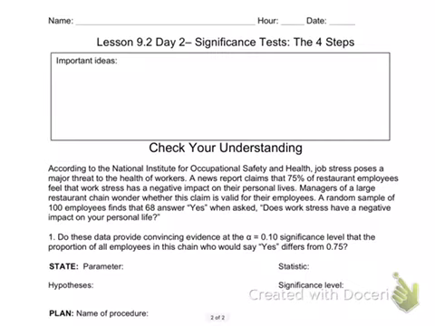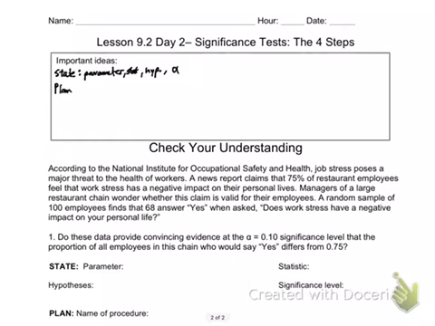And the important ideas here are state, plan, do, conclude. So I'll just write it in real quick. State here is your parameter, your stat, your hypotheses, and your alpha level.